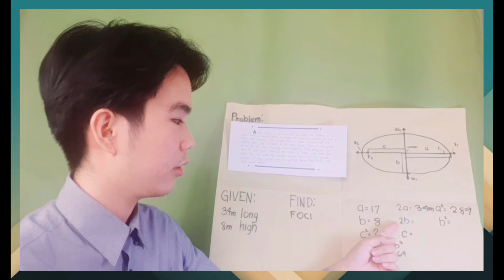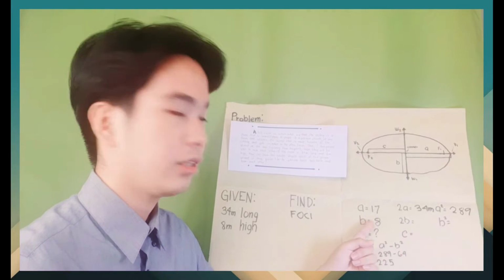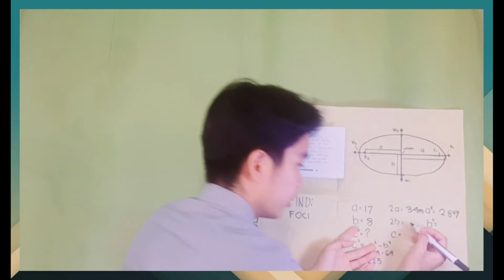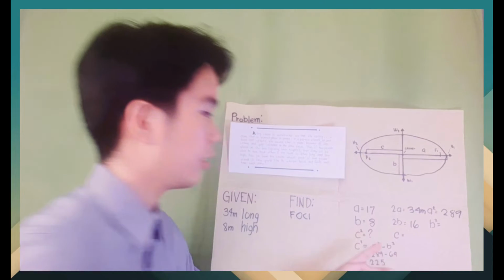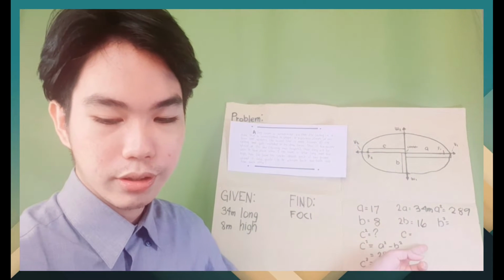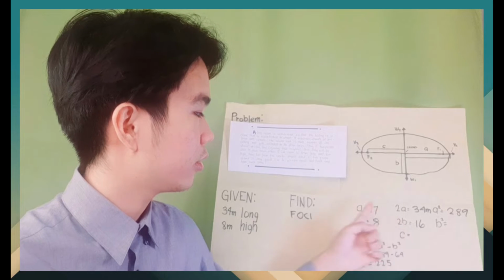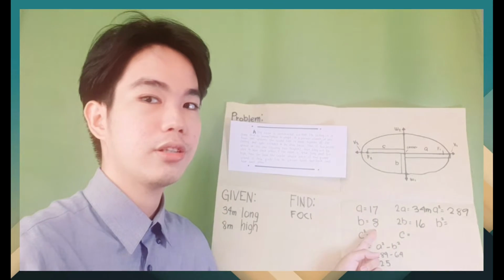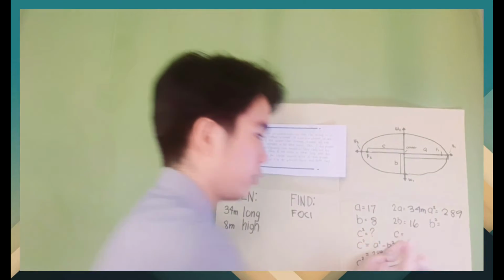Let us find the 2b. 8 times 2 is 16. And then the b squared is 8 times 8, which is equal to 64.